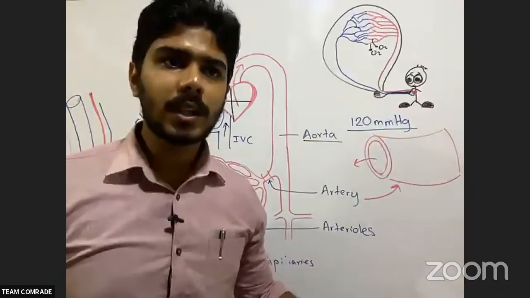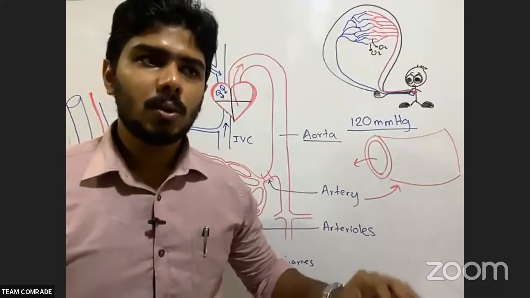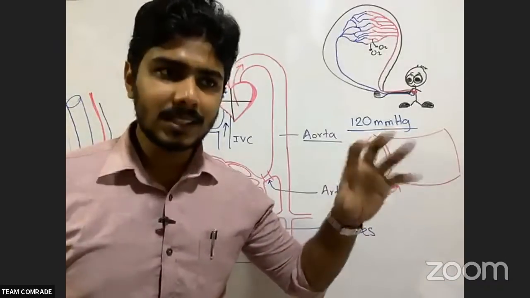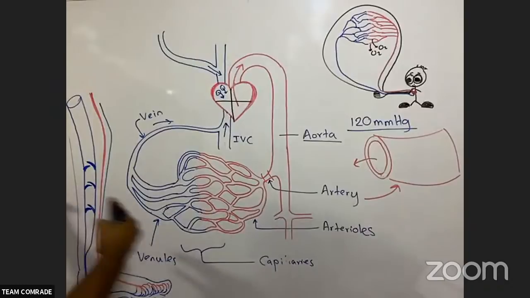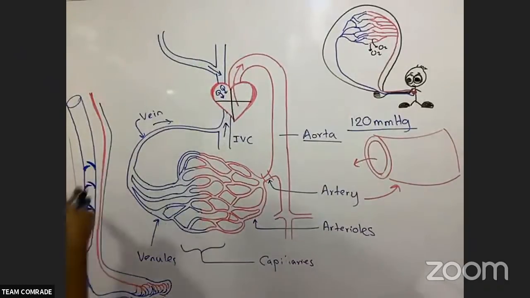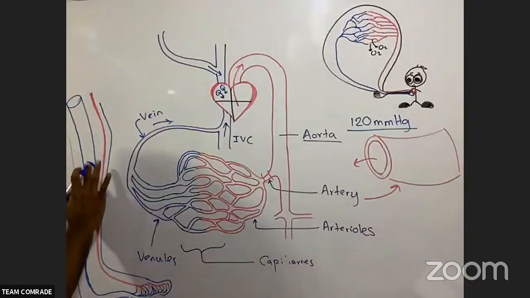When you stand for a long time, that is why you feel numbness. You have to walk, then only your muscles work. When muscles are working, these veins are constricted, and then only the blood goes up. These valves get open like this.